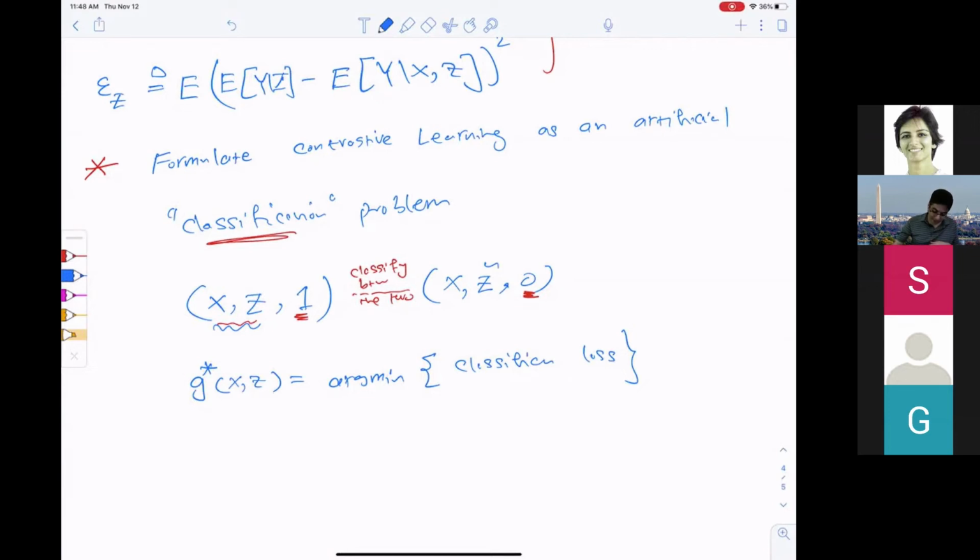If you write this up, it's actually not difficult. You use a logistic loss. You get this closed form solution for your G star based on the joint distribution of X and Z. Again, this is a function of X and Z. So you get the joint distribution divided by the product of the marginal distributions.